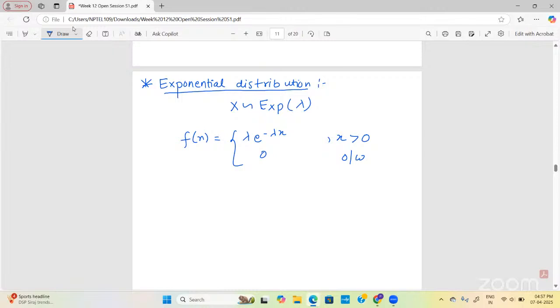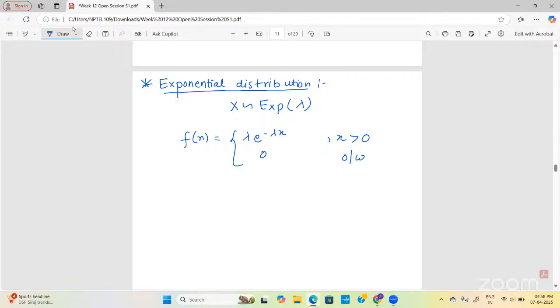Suppose customer 1 comes at 10 o'clock and the second customer comes at 10:30. You can see there is a gap of half an hour, 30 minutes. That gap between the arrival of two different customers is called the inter-arrival time, and that generally follows exponential distribution. Also service time.